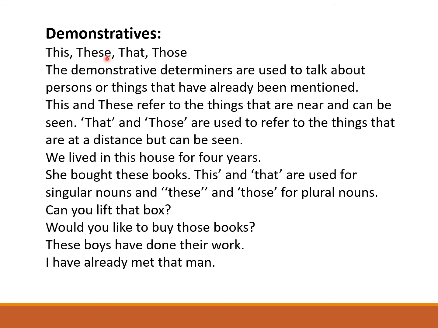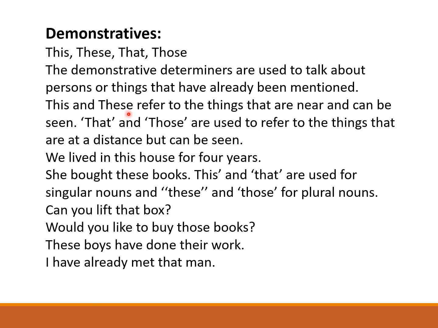Demonstratives: this, these, that, those. The demonstrative determiners are used to talk about persons or things that have already been mentioned. So this, these, that and those are used for the nouns which are mentioned already.